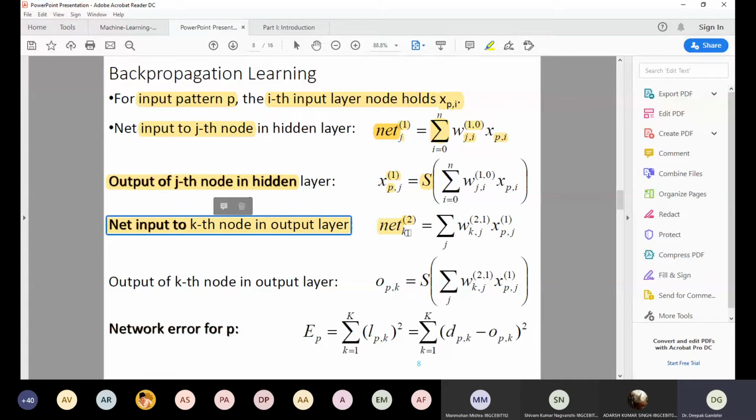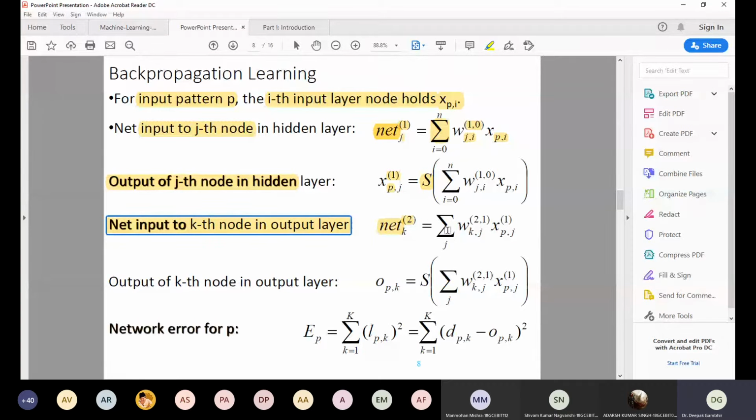So it is k, and net input means summation w into x, as we have seen previously, just one step above. So it is summation w_kj x_pj for j equal to 0 to n, all the values we are considering. That would result in net k.